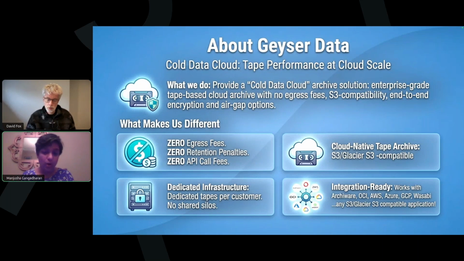And when you want to un-air gap it, you can go to the console, type in the password and the 2FA, and then the tape is mounted back in the drive. So it's that added level of protection. And because we are S3 and Glacier S3 compatible, it works seamlessly with any application that is S3 and Glacier S3 compatible.